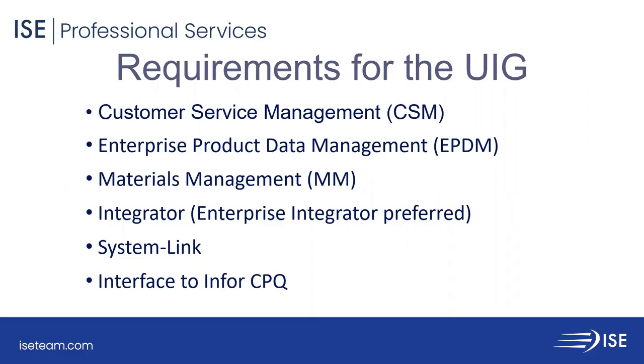Integrator is required, although enterprise integrator strongly preferred. System link needs to be there, but that should not be a problem because CPQ requires system link. And then those two UJobs actually use system link to build the item process. So that's already a requirement. And then you need to be able to interface to Infor CPQ either on-premise or cloud.